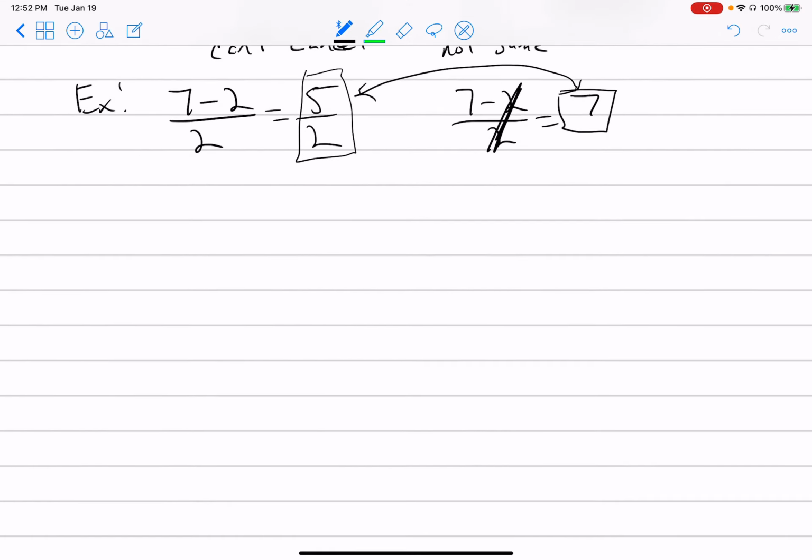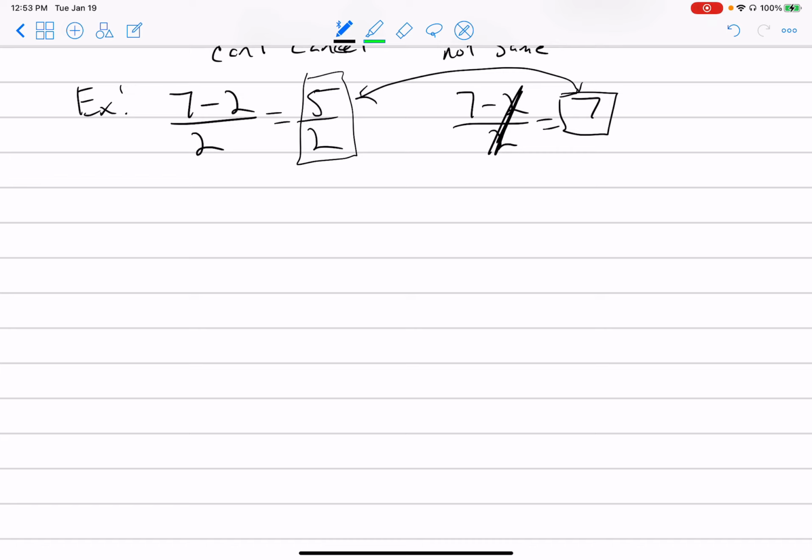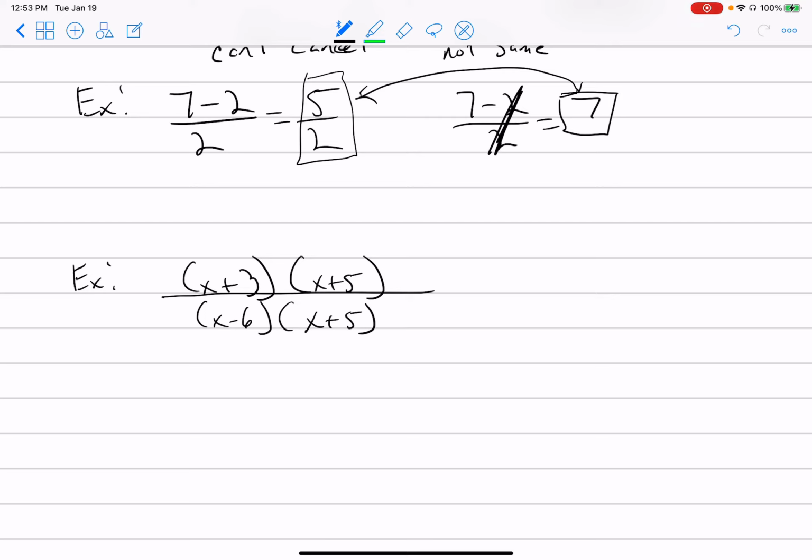Okay? So now this is all some old school stuff because we're going to get into some canceling with algebraic fractions. So let's take, for example, something like x plus 3 over x plus 5, and then this is x minus 6 over x plus 5. Now notice this term and this term are connected by multiplication.